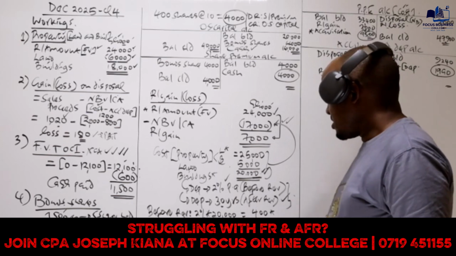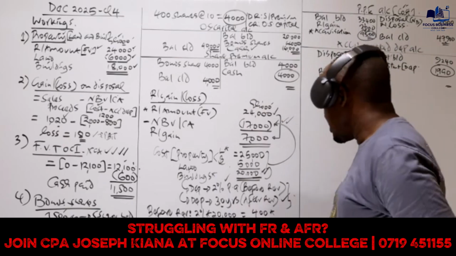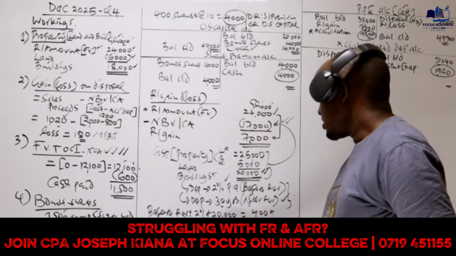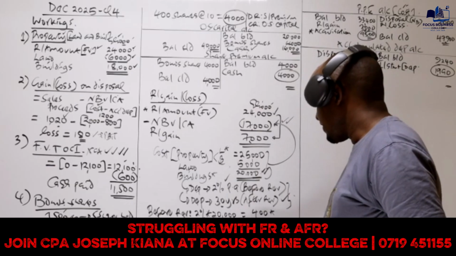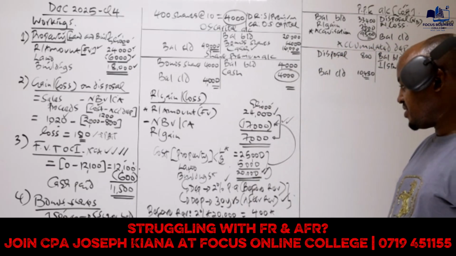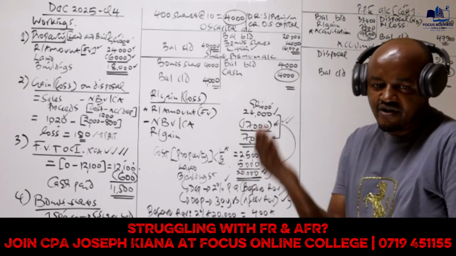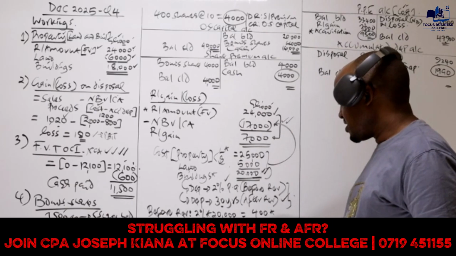No, let me put it like this instead of giving a double entry. This excess depreciation is deducted from the revaluation gain. The reason why there was excess depreciation is because the assets were revalued upward.